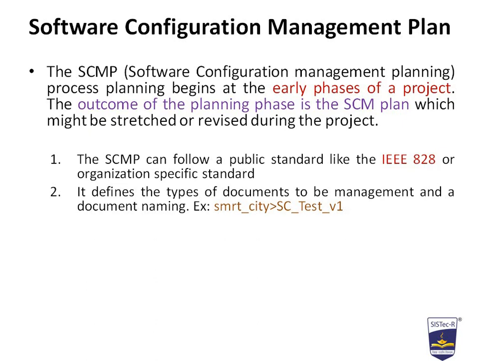So in the Smart City project, as we discussed, SMRT_city, SC_test_v1 could be a mechanism to define. SC means Smart City, _test means we are testing something, and the version, on what version we are testing. So it could be a test program also.